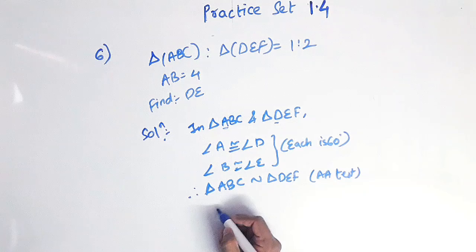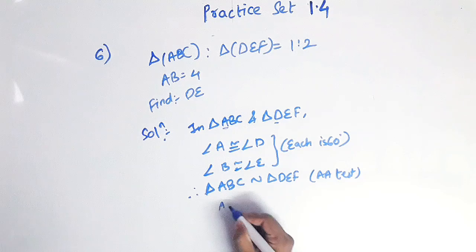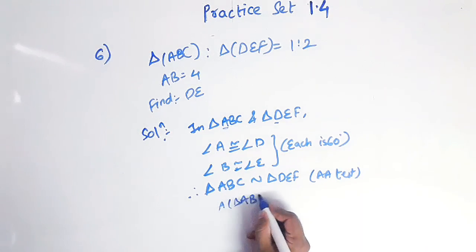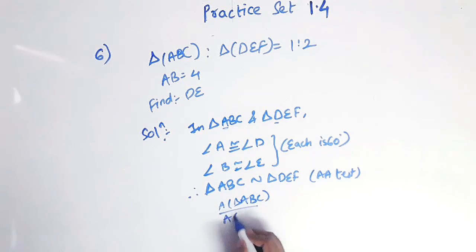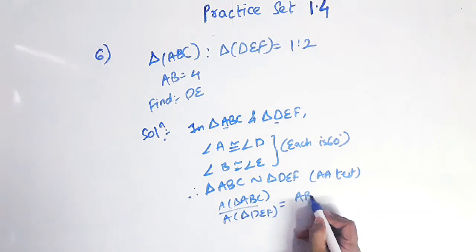Now I'll write area of triangle ABC upon area of triangle DEF equals AB square upon DE square.